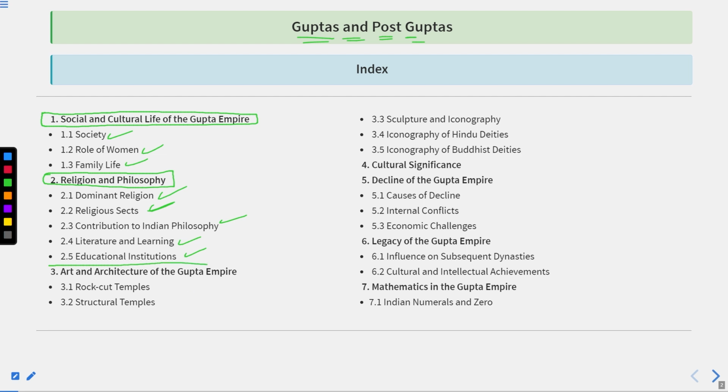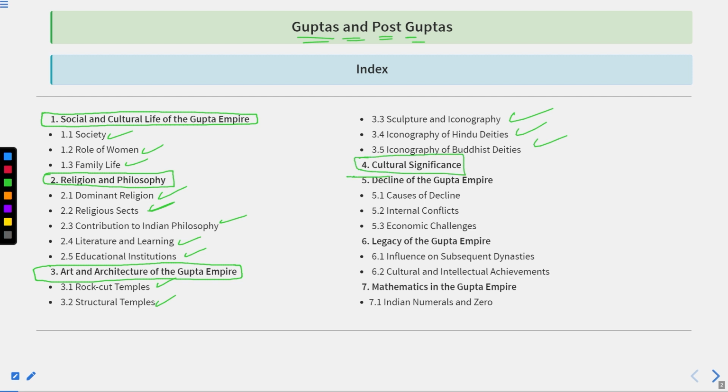Thereafter, we will discuss the art and architecture of the Gupta Empire, in which we will discuss rock-cut temples, structural temples, sculpture and the iconography of Hindu deities, and the iconography of Buddhist deities. After this, we will see the cultural significance of the Gupta Empire.